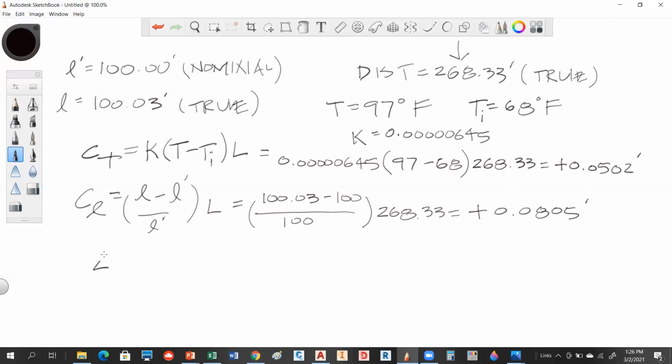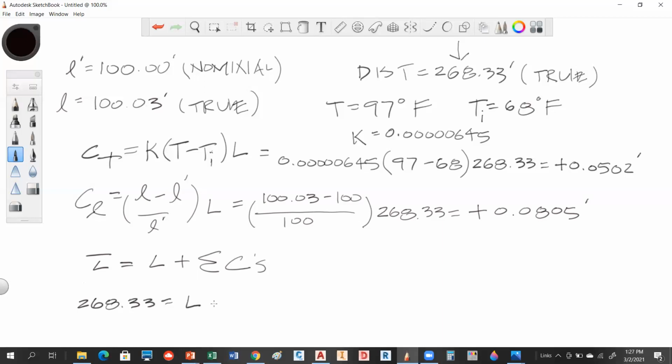So now we're going to use this. The actual distance, the true distance, is going to be equal to the measured distance plus the summation of your corrections. Okay. So what I know in this problem is that between the building corners, I have to have exactly 268.33 feet.